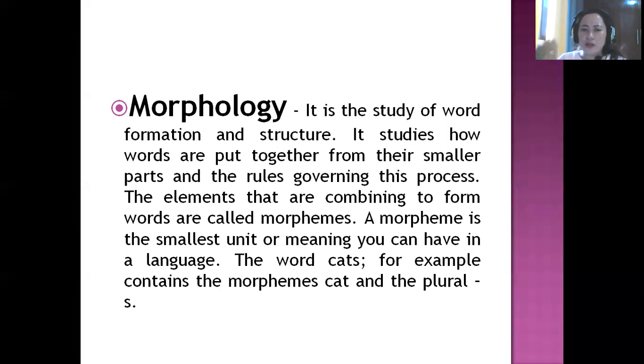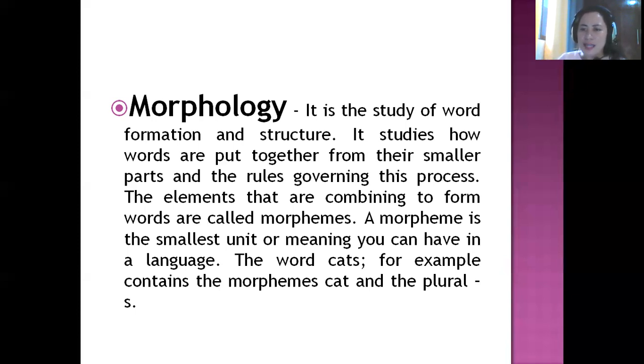So don't forget that a morpheme is the smallest unit of meaning you can have in a language. In the word cats, there are two morphemes. First is cat. There is a meaning in that word: it's an animal that may be your favorite pet. And then the second is s. It's a very simple unit, but it brings an impact to the meaning of the word.